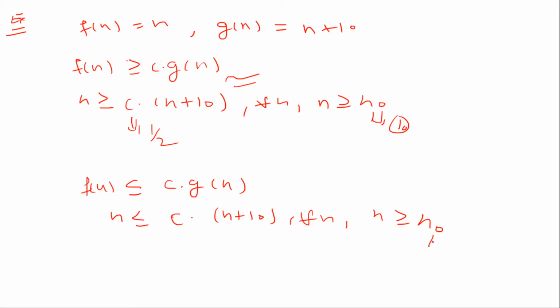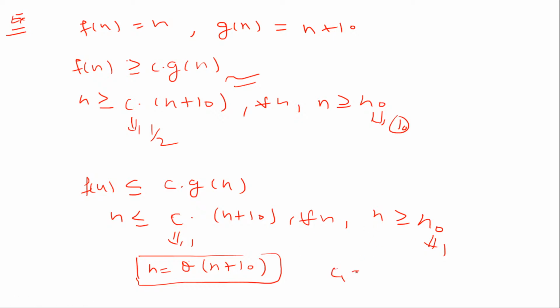Put the value of n naught 1 and put the value of c 1. It will also follow this condition, right? That's why n equals theta, so it follows the theta notation, and n plus 10 follows the condition of theta.